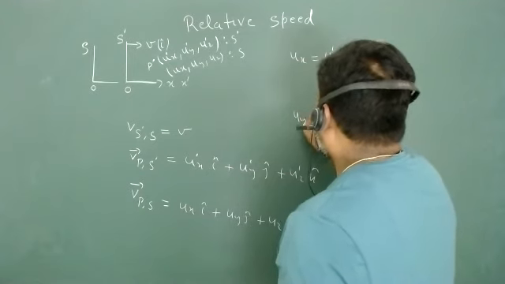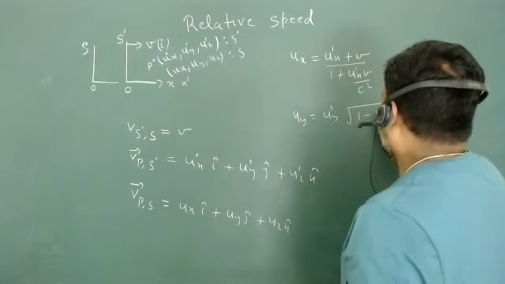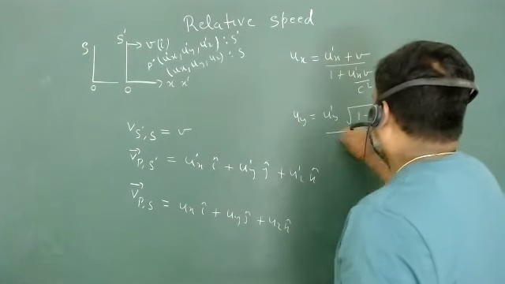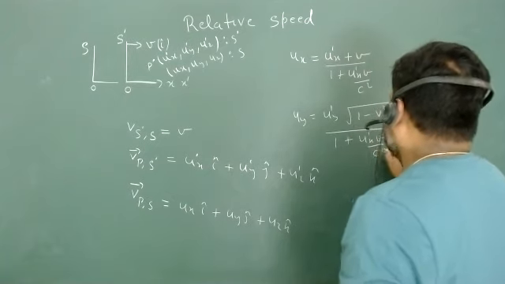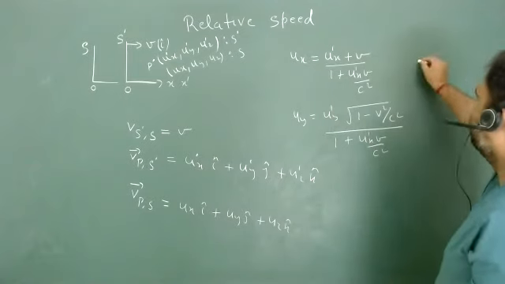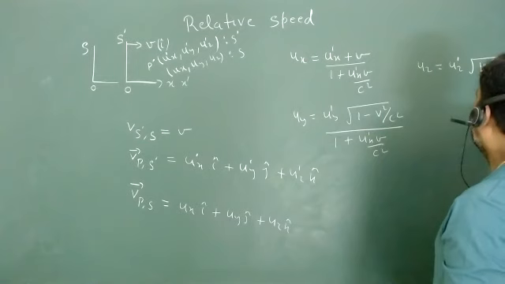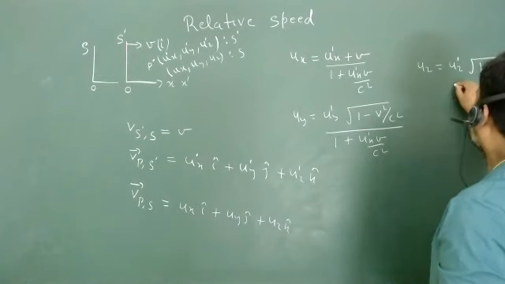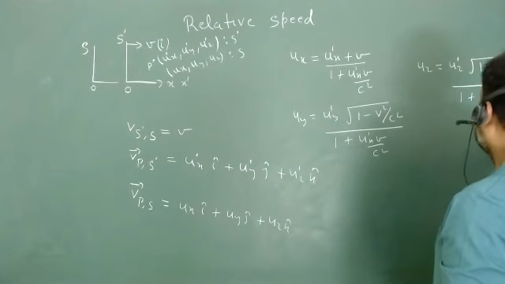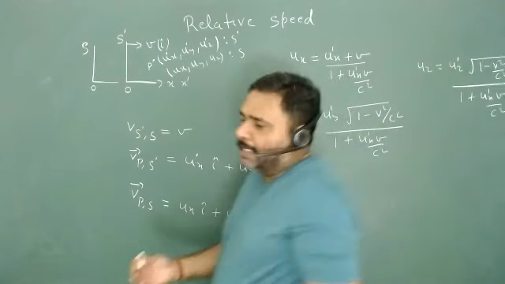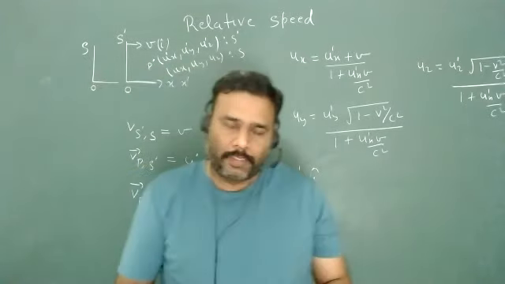Similarly, uy is uy dash root under (1 minus v square upon c square) upon (1 plus ux dash v upon c square), and uz is uz dash root under (1 minus v square upon c square) upon (1 plus ux dash v upon c square). These are the formulas we have to use in our problems.